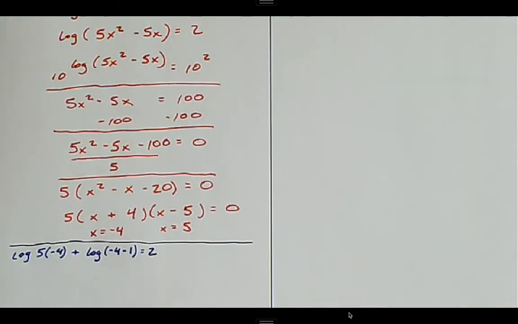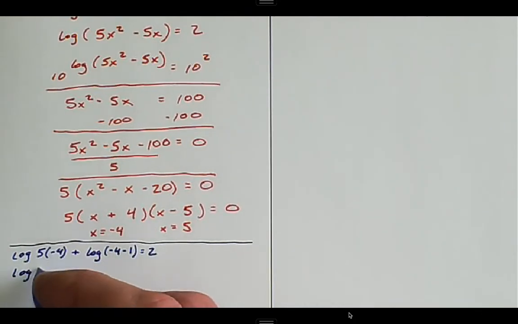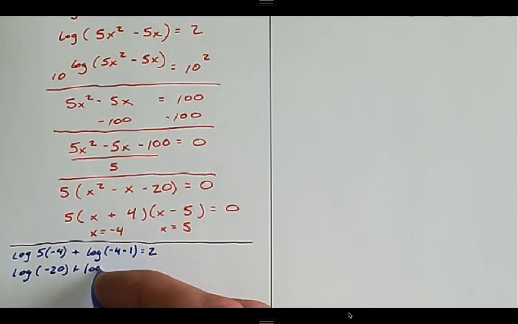And when we go ahead and do that, we get the log of negative 20 plus the log of negative 5 is equal to 2.